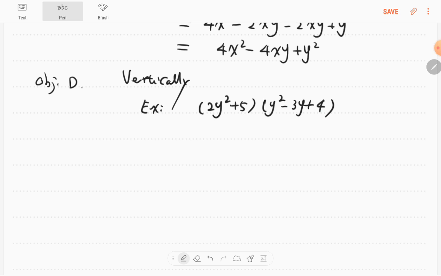We prefer to put the polynomial with more terms first. Okay, because the first polynomial has two terms and the second one has three terms, so we prefer to put the three-term polynomial first. Then we should write the other one.